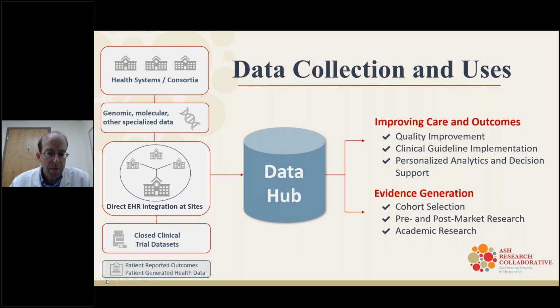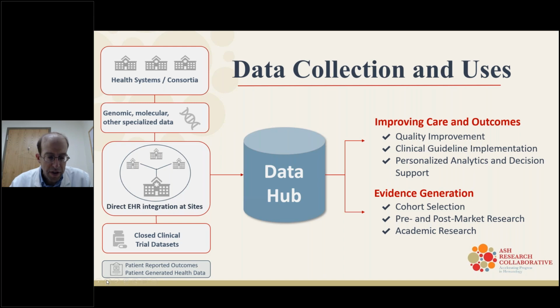We also have the ability to bring in a variety of other types of data to our program, including various types of specialized unstructured data, including genomic, molecular, and other testing features. We can bring in data entirely from different types of health systems and consortia, including cooperative groups. We also have the ability to bring in closed clinical trial data sets.